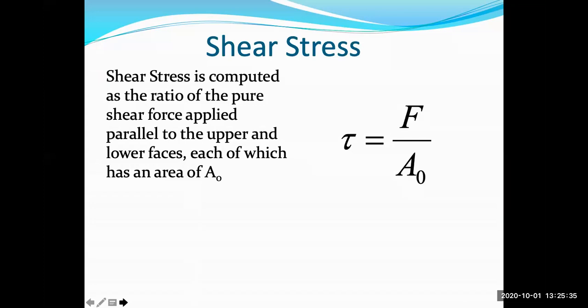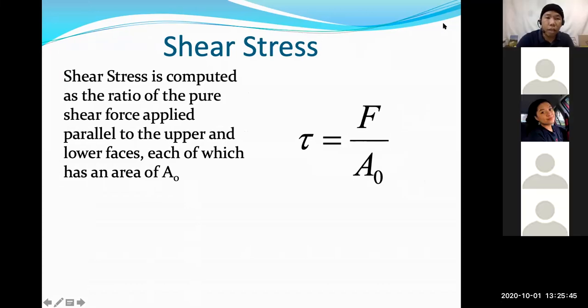Okay, so that was about shear stress and shear strain. So again, let's highlight these terms. Shear stress is computed as the ratio of the pure shear force applied parallel to the upper and lower faces, each of which has a cross-sectional area represented by A sub 0.